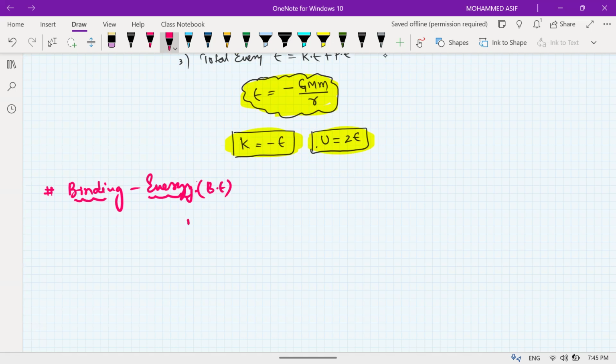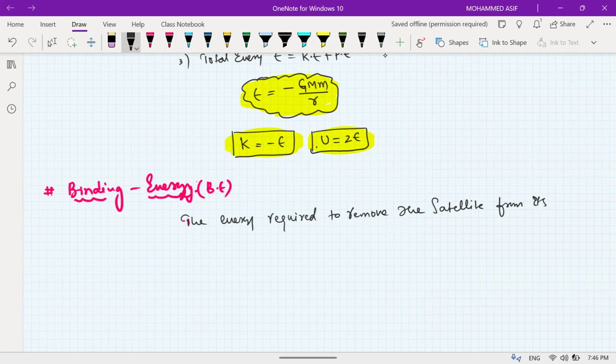So can I write here the definition? The energy required to remove the satellite from its orbit, from its orbit to where?